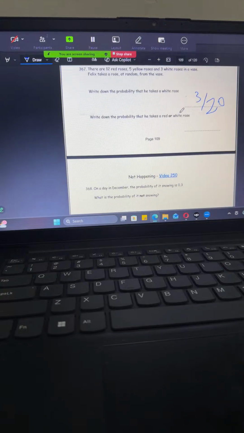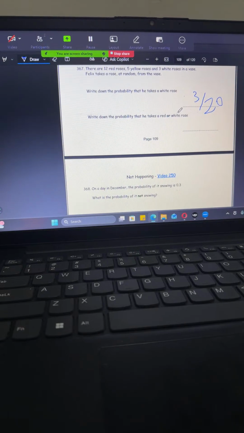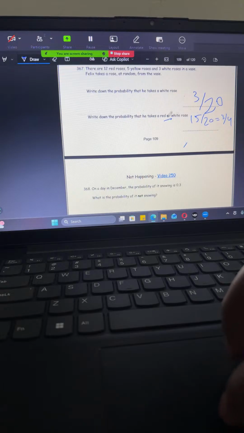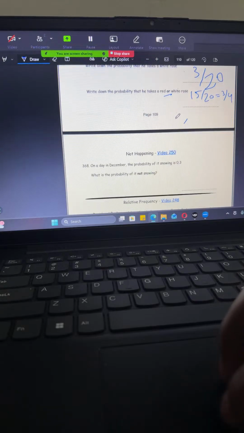So it's 15 over 20, which simplifies to 3 over 4. Well done. Whenever you see "or" in the statement, you need to add the outcomes of red plus the outcomes of white roses.